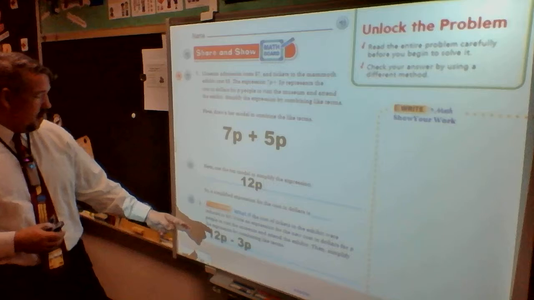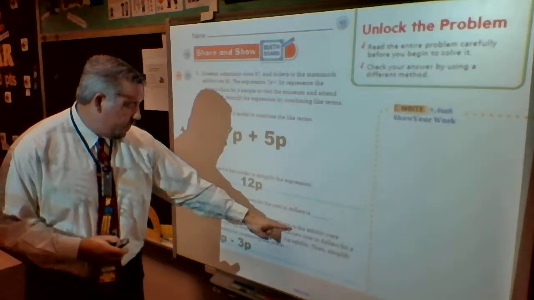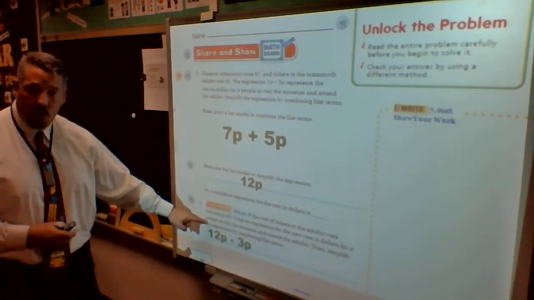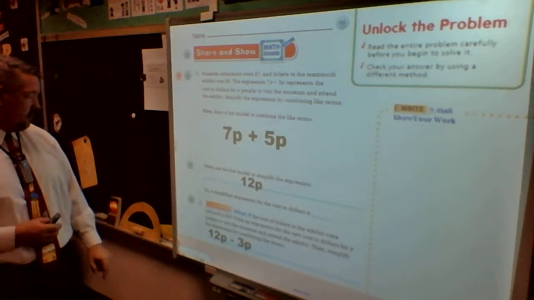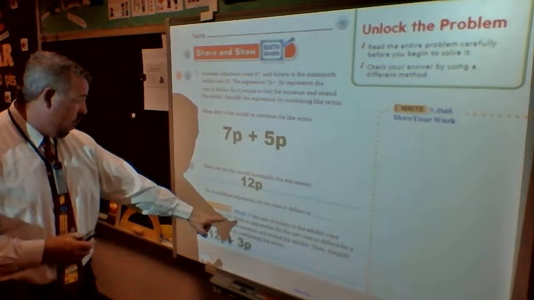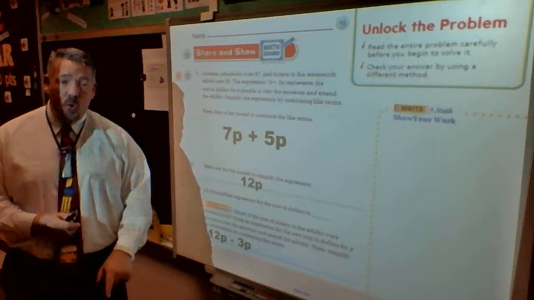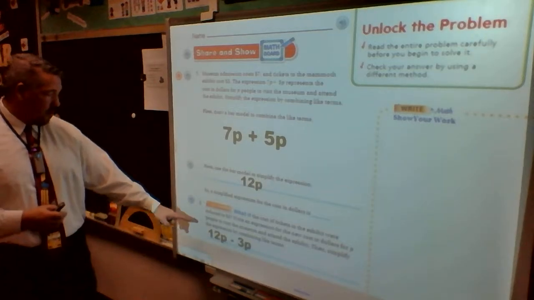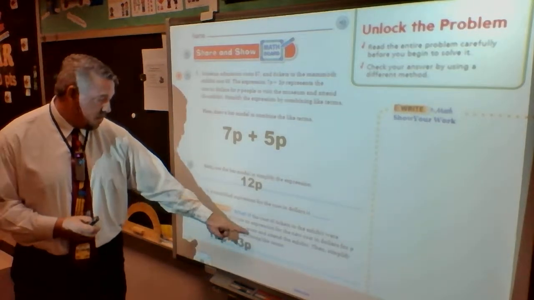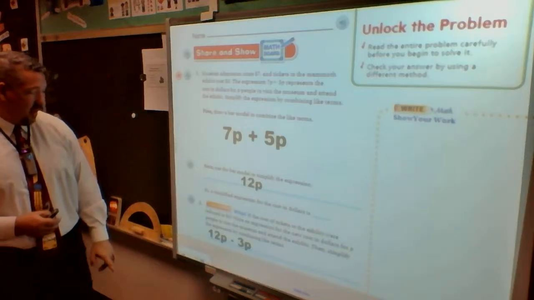This says, if the cost of tickets to the exhibit were reduced to $3, write an expression for the new cost in dollars for p people to visit the museum and attend the exhibit.